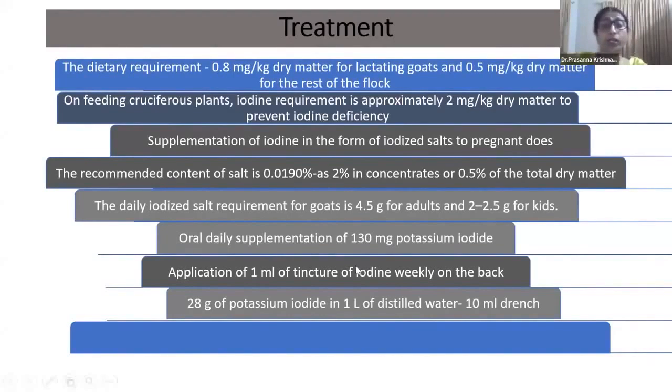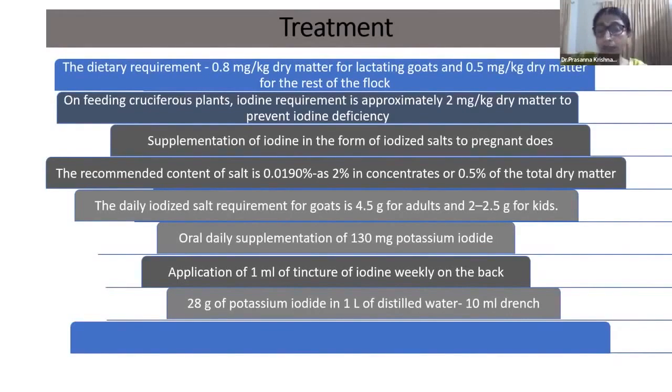You can also give oral supplementation with potassium iodide, 130 milligrams. For pregnant animals, to reduce this deficiency, you can apply tincture iodine on the back of the animal, 1 ml, and that has shown some effect. You can also give a drench of 28 grams of potassium iodide in 1 liter of distilled water. 10 ml drench can be given.